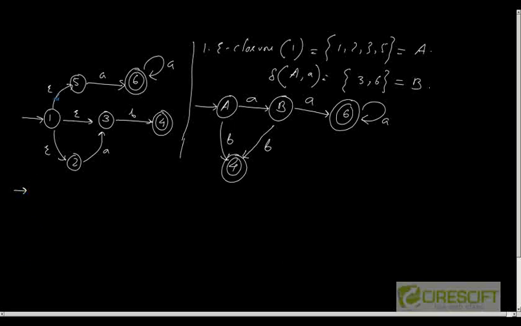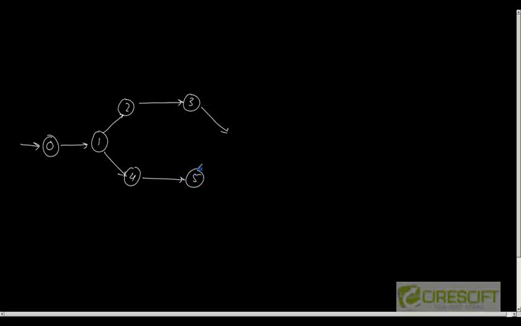So let me draw a bigger problem. Suppose this is state 0, go to state 1, 1 to 2, 2 to 3, 3 to 2, here I can go to 4, 4 to 2, 5, and both 3 and 5 can meet at 6.